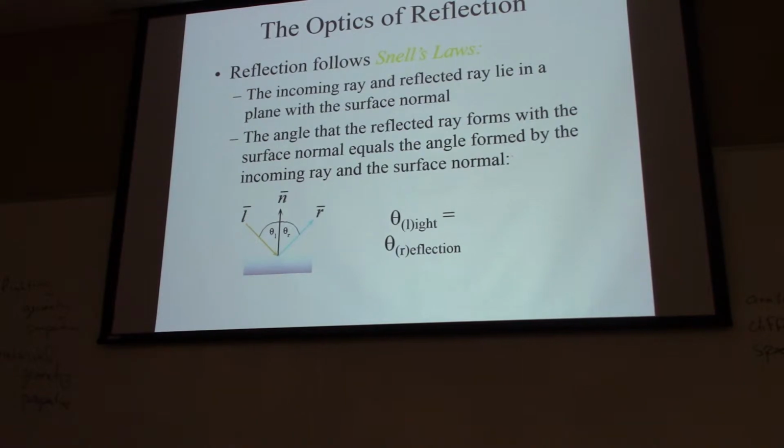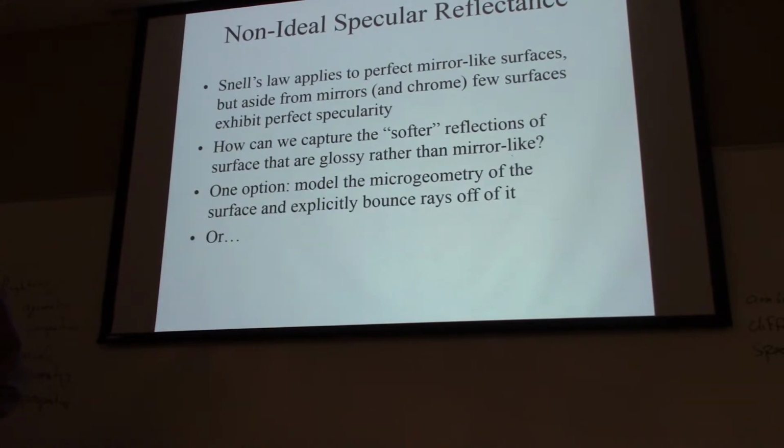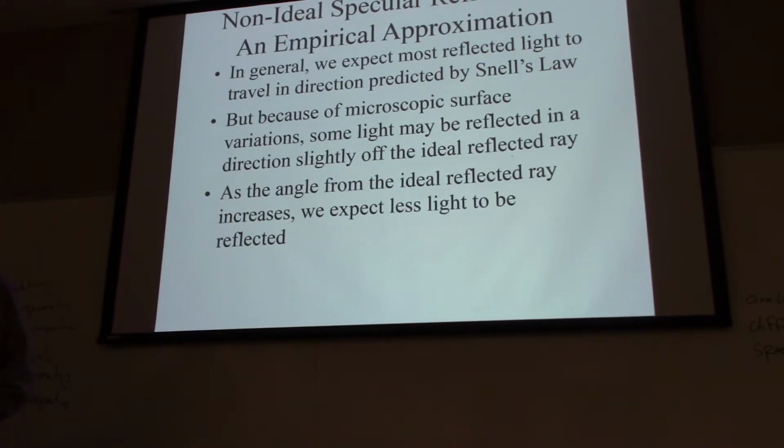Theoretically, if you're off that angle, you don't see anything for a perfect mirror reflection, but generally specular reflection includes a little bit of scatter, a little bit of spread. So that's often modeled. That's the non-ideal specular reflectance.